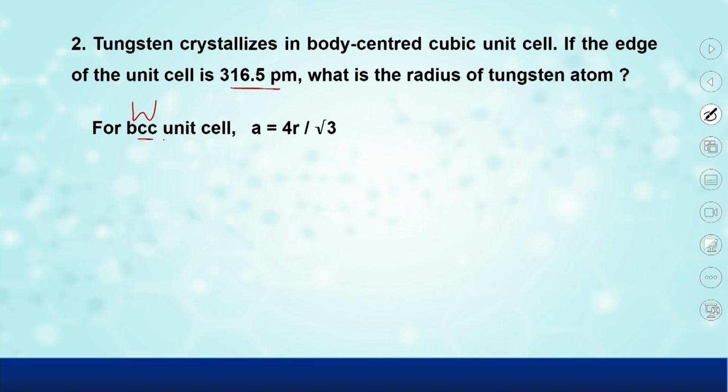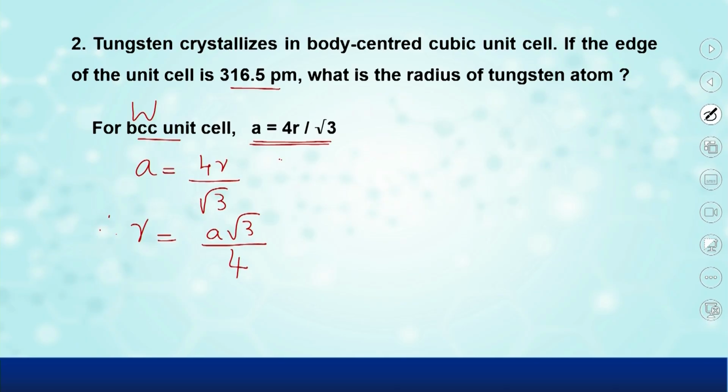So, for a BCC unit cell, we have the edge length formula a equals 4r by root 3. Okay. So, we have to calculate the radius of the tungsten atom. So, if a equals 4r by root 3, from this we can calculate the radius, r is equal to a into root 3 by 4.